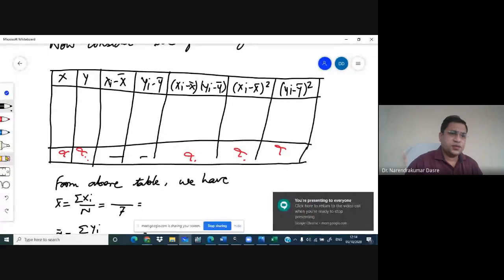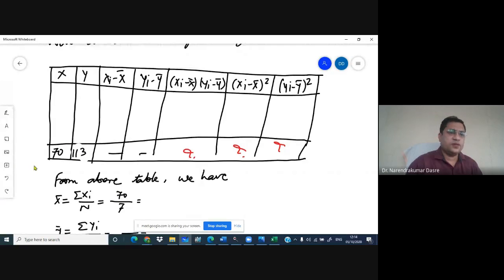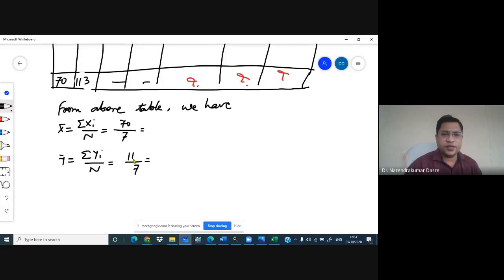So the summation of x is 70 and the summation of y is 113. So this average is going to be 10, and this average is going to be 16.142.